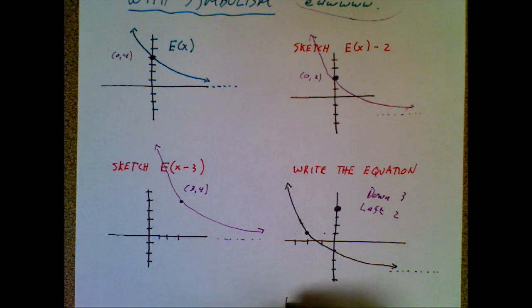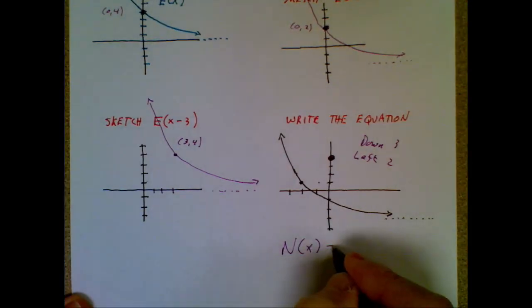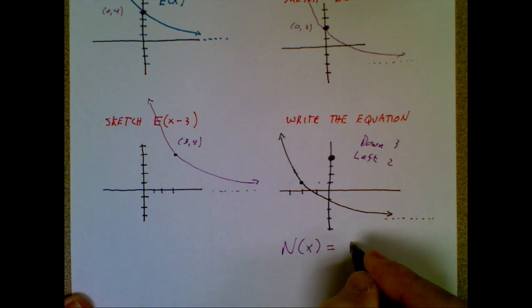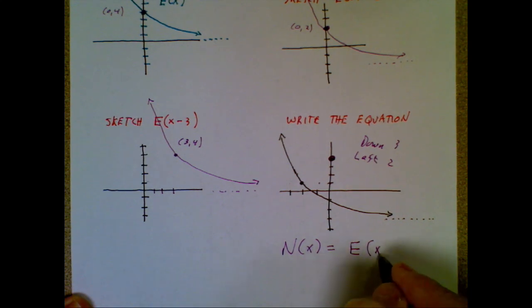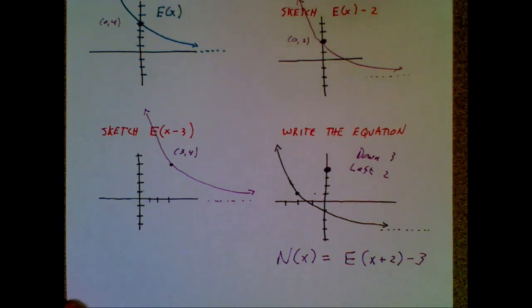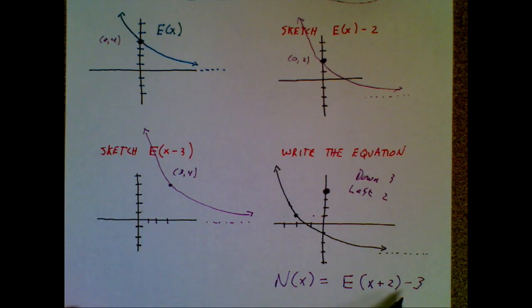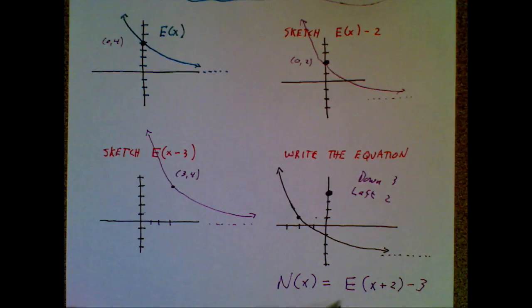So my new graph, I'll call this n of x, is my e to the x moved to the left by 2 units and down 3. So my old graph, left 2, down 3. And that is the new equation.